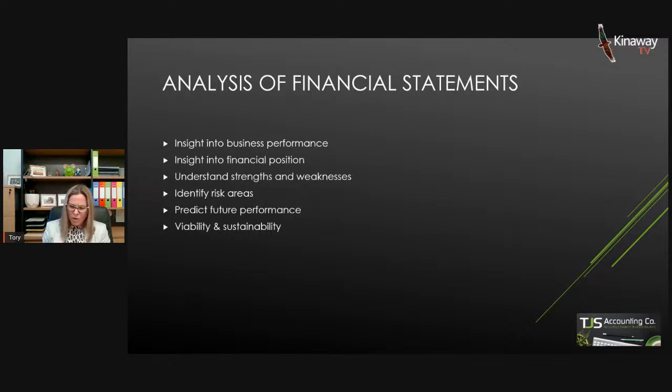For example, a profit may have been generated, but was it actually enough to pay down its debts? How much profit is enough? Is a positive cash position sufficient, or will it be enough to sustain moving forward? So there's lots of different reasons why we'll be looking at the analysis of the financial statements.